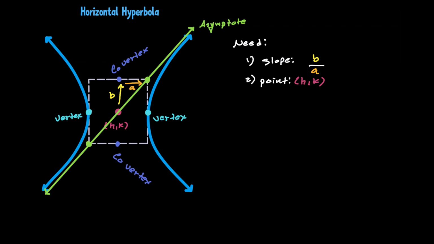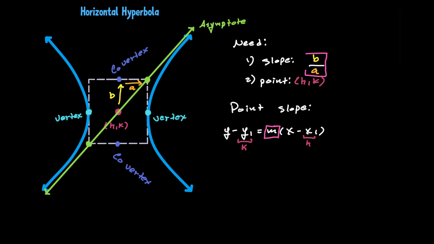We have a point, we have the slope of the line. Now we can define the equation. Let's use the point-slope. The point-slope is defined as y minus y1 equals m times (x minus x1), where x1 is the x value of our center, which is h, y1 is the y value of our center, which is k, and our slope we can represent using the expression B divided by A. So let's plug that in.